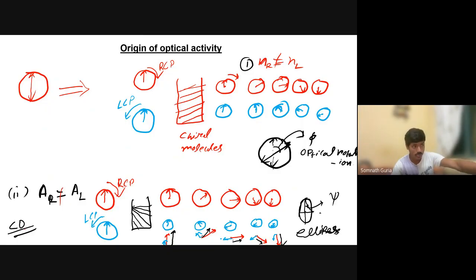So how the phenomenon happens: if molecules absorb circularly polarized light, then it will form an ellipticity. If a molecule is slowing down one particular circularly polarized light, then we'll be able to get the optical activity. And if molecules absorb one particular circularly polarized light, then we will get the ellipticity.